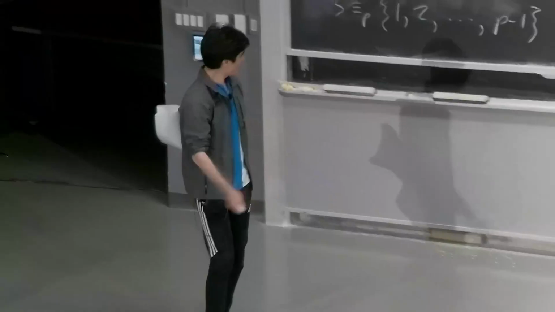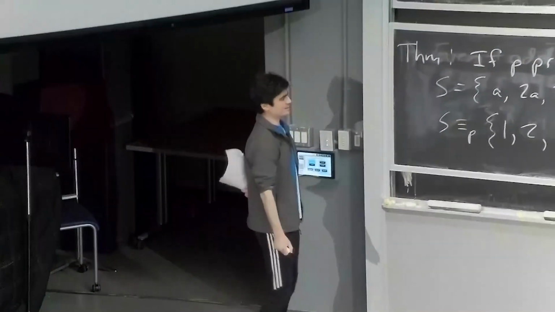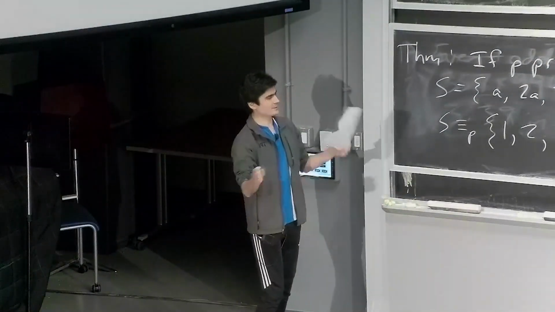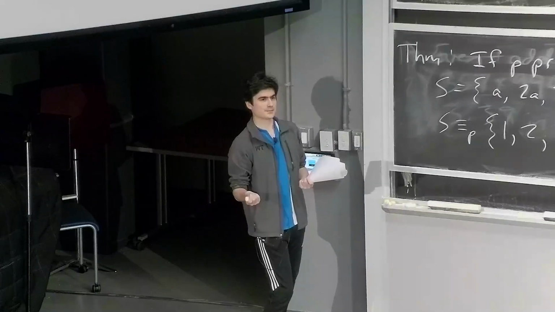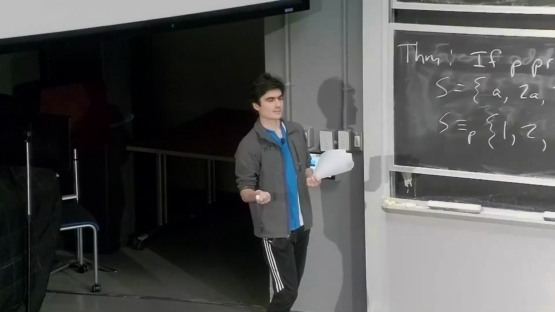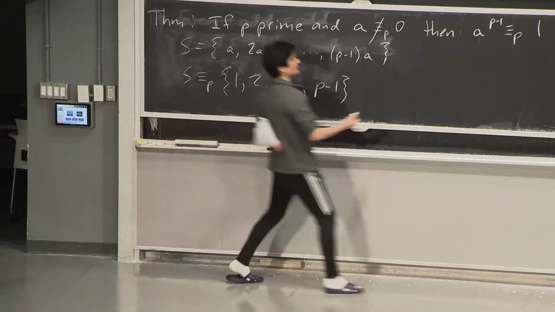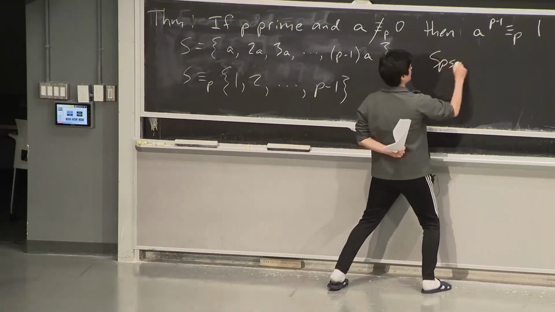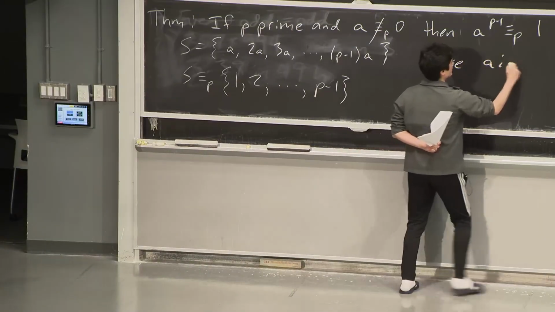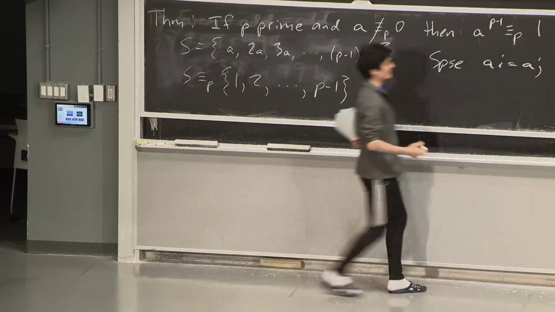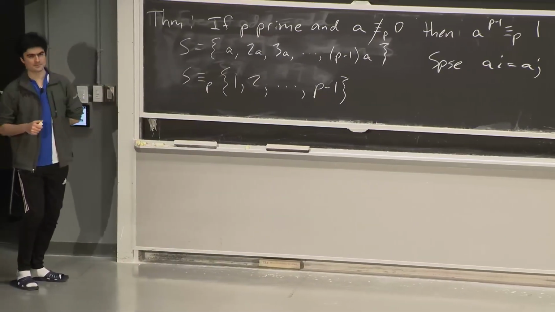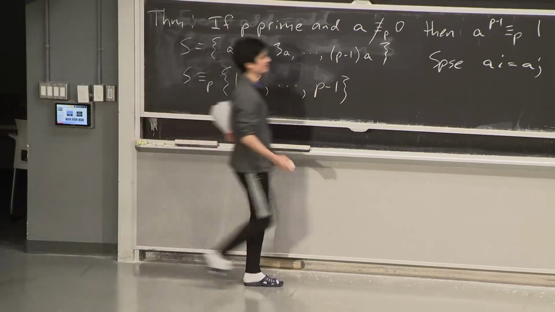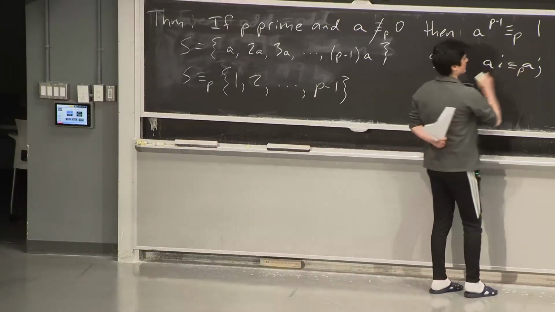Okay, let me try and rephrase that. If you look at two different coefficients, suppose for contradiction a times i equals a times j mod p. We're actually going to use a instead of n.